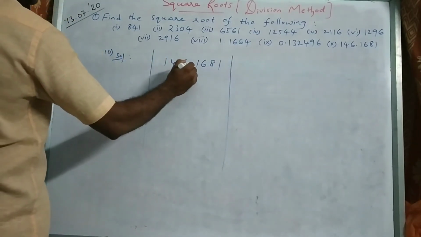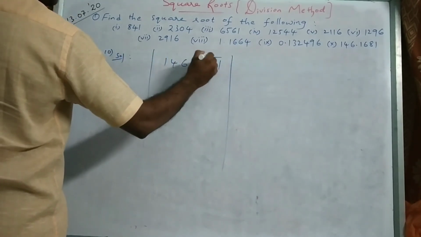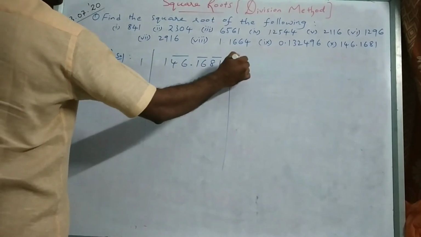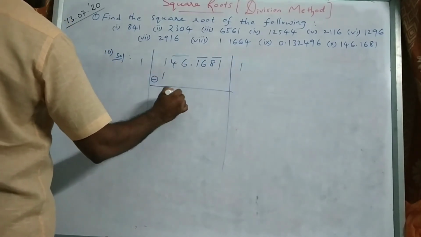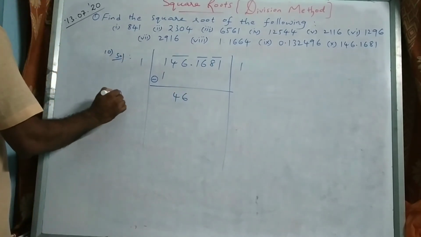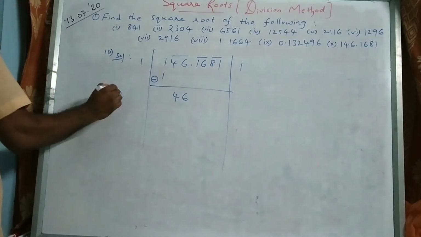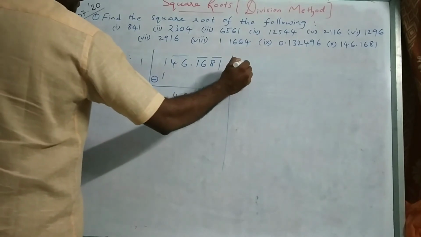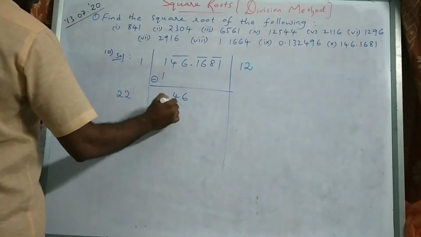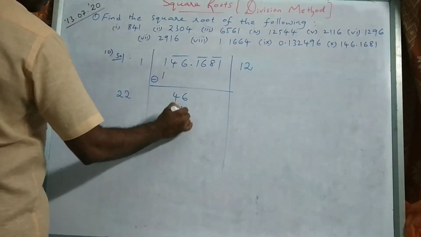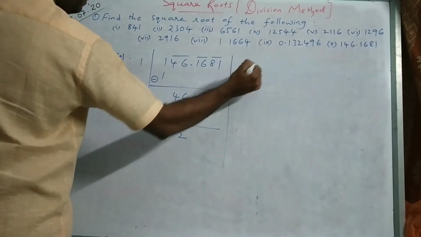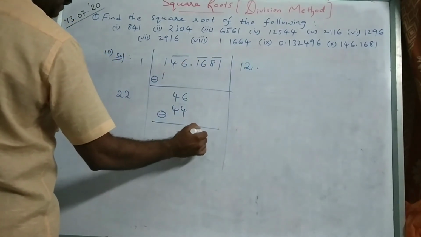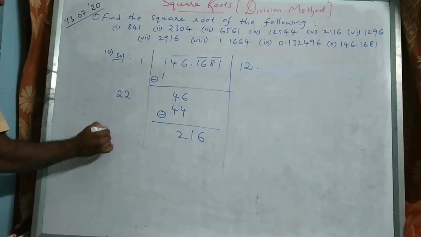Look at this. 1 one is 1. 4 6, bring it down. 1 double is 2. Suppose if I write 2 here, there also 2. 22 2s are 44. Remainder is 2. So this decimal will go there. 1 6 I will bring it down. So 2 will remain the same.